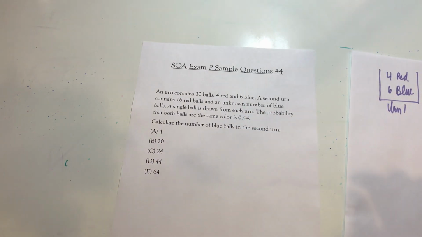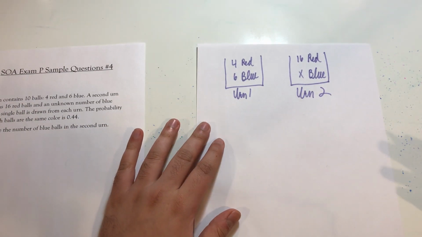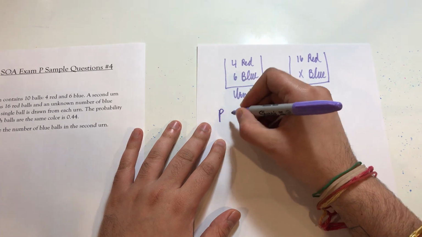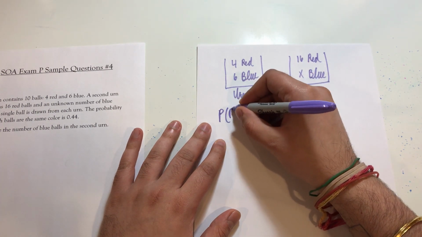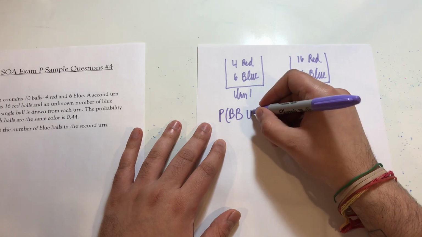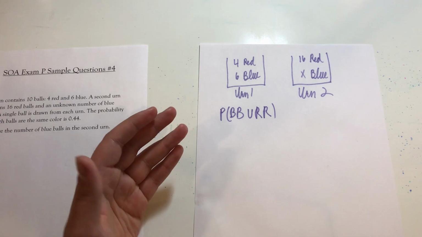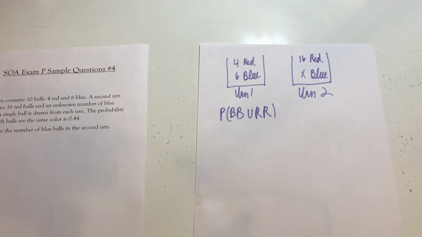And let me just restate the situation: one ball is drawn from each urn. So this is an OR problem, right? We're looking for the probability that we draw a blue and a blue, or the probability we draw a red and a red, and those things are mutually exclusive, right? So we can just take the sum of them.